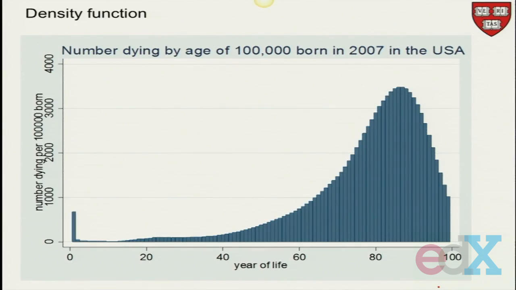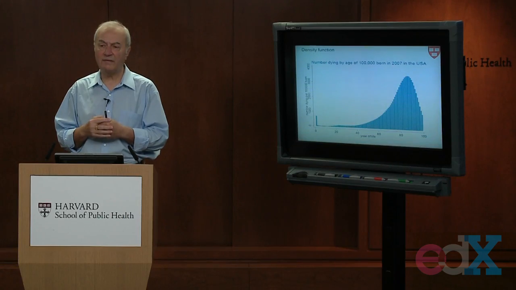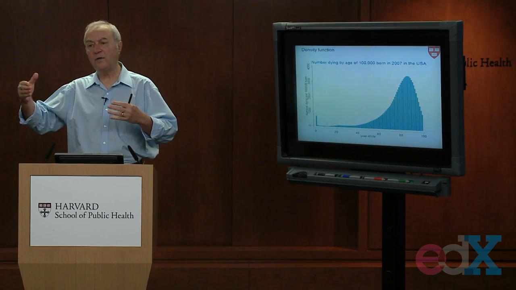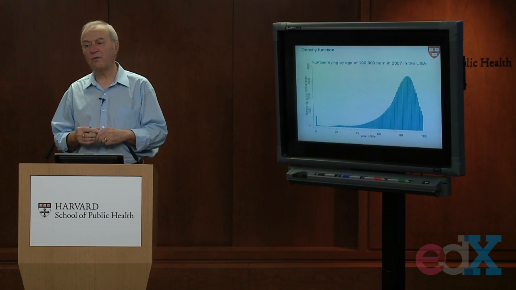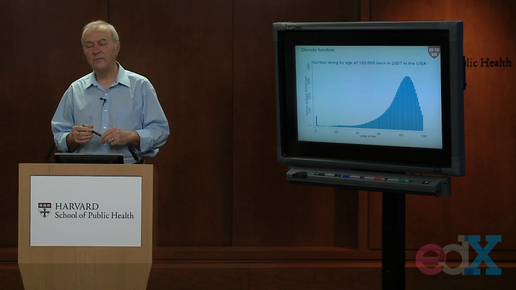So here is what we saw earlier when we looked at the life table for 2007 in the USA. This is how this cohort of 100,000 people born in 2007 are going to die as the years progress. All right?